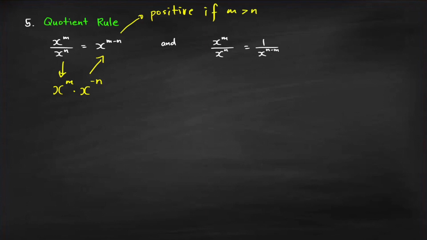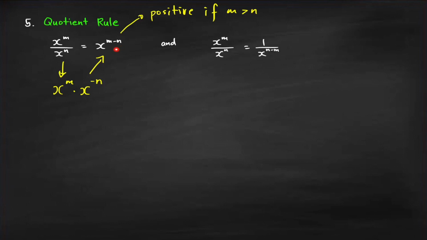So what if we have m that is less than n. So if m is less than n, this m minus n here is a negative integer. So to simplify that expression, you need to move that to the denominator.